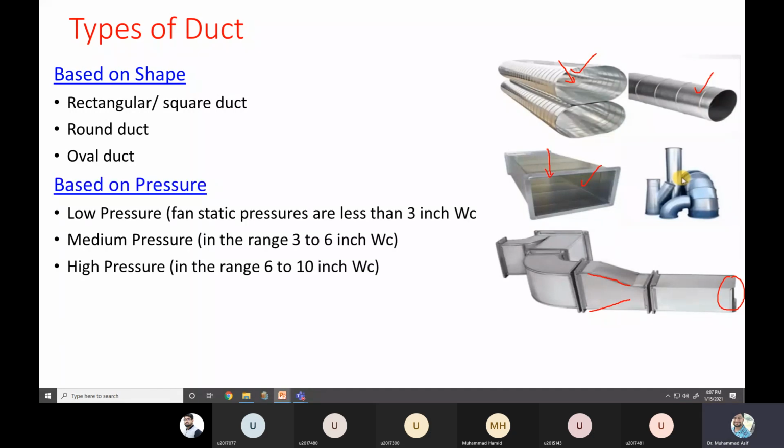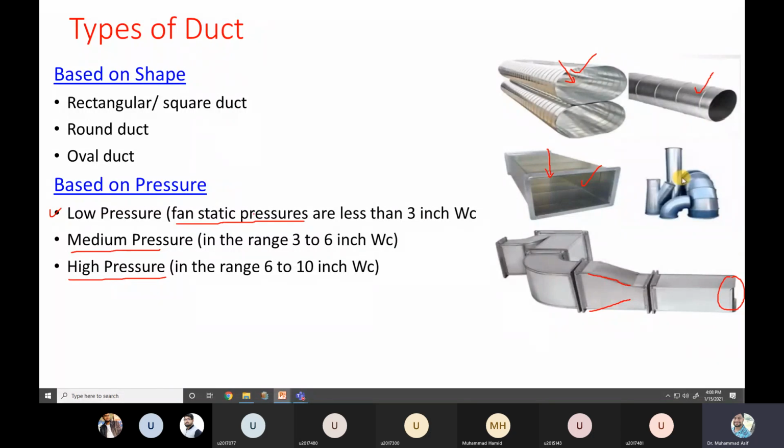We can also classify the duct based on pressure. There are low pressure ducts, medium pressure ducts, and high pressure ducts, depending upon the range of the fan static pressure. We discussed in the previous class three types of pressure: the static pressure, the velocity pressure, and the total pressure, which is the sum of the static pressure and the velocity pressure.